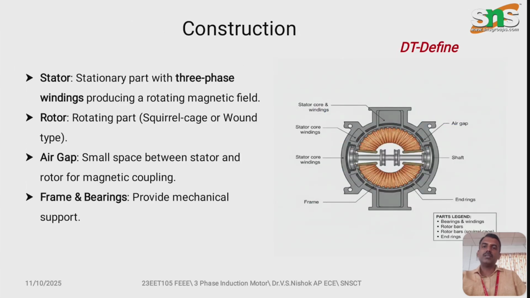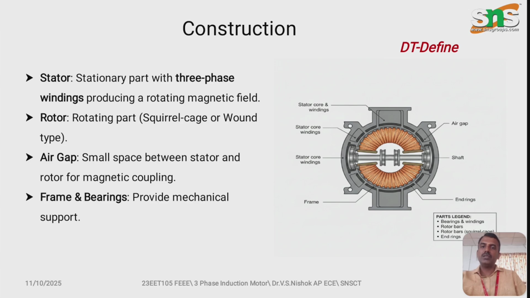So coming to the construction part, it is further classified into stator and rotor. The stator represents the non-moving part, and the rotor represents the rotating part of this induction motor. Here the stator starts with the initial AC input.